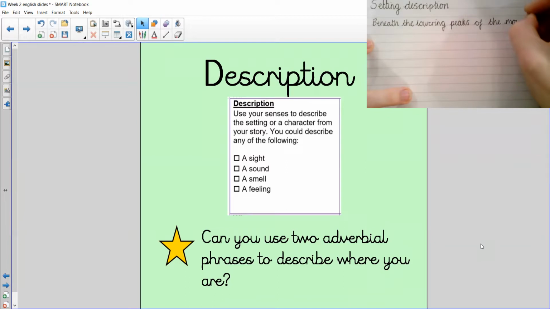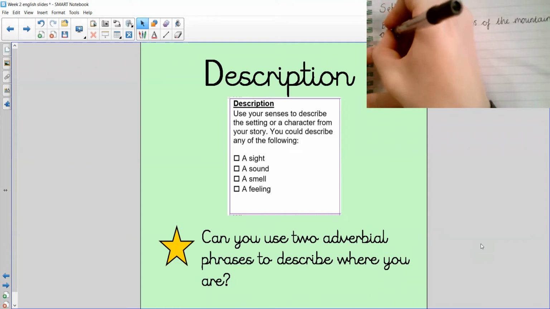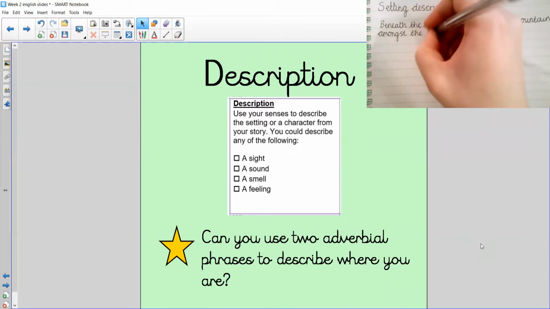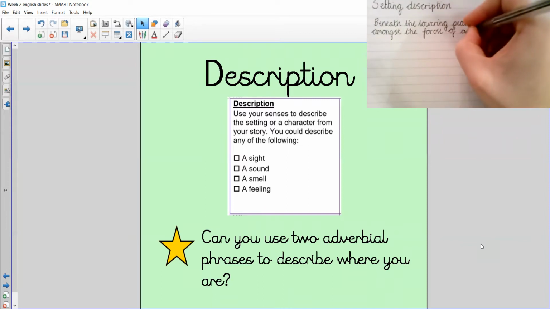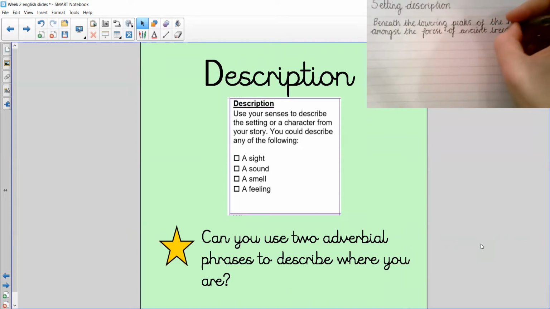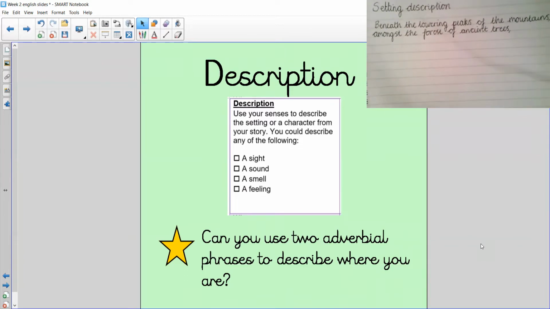Okay, because I'm in a woodland that's at the bottom of the Himalayas in the valley, amongst the forest of ancient trees. Right, so there I've got my fronted adverbials. So I've got beneath the towering peaks, oh, I forgot to cross my T, of the mountains amongst the forest of ancient trees.